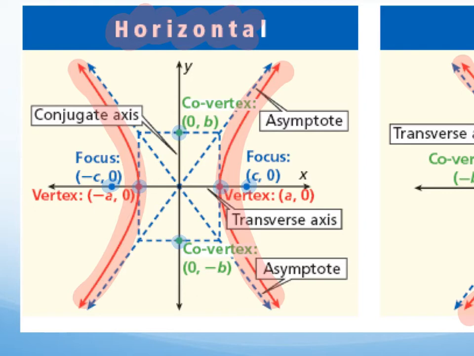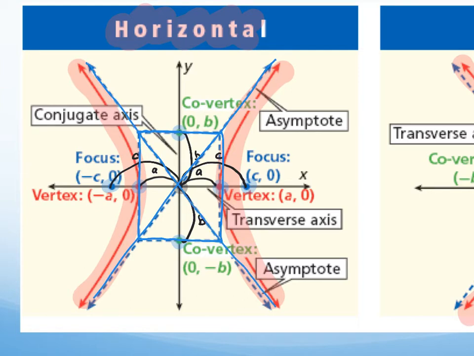So we're going to identify the center on our hyperbola. In this case, if it's horizontal, which we'll talk about how you identify in a minute, you're going to count right and left the A, right and left the C, and up and down the B. And then you make this little box that is made from the lengths of A and B, and you draw your asymptotes, the X that goes through the corners of the box.